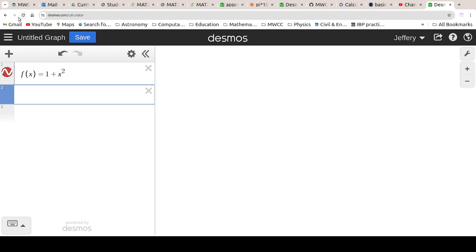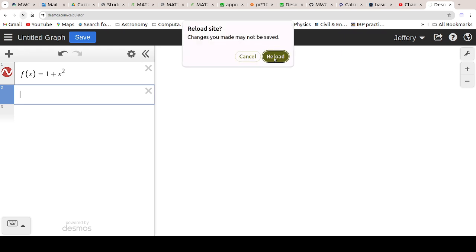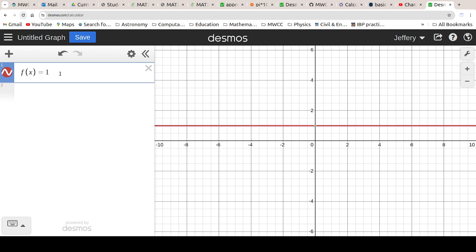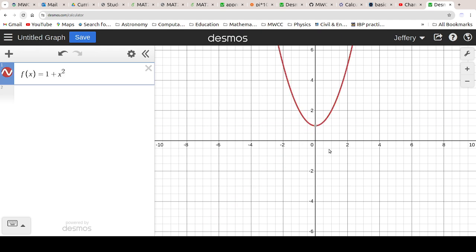Let's reload this. There we go. f of x equals 1 plus x squared. And I can visually see that I am starting at 1 on my range, and there are no values below 1. So visually, we can see the range that comes out of this.